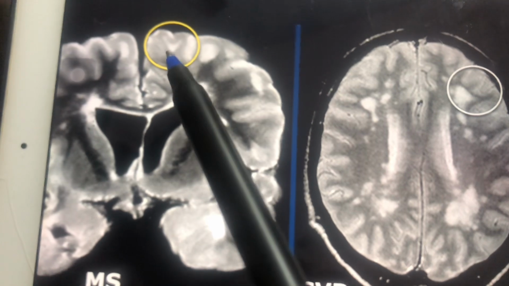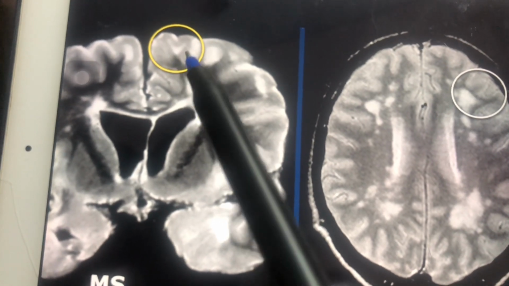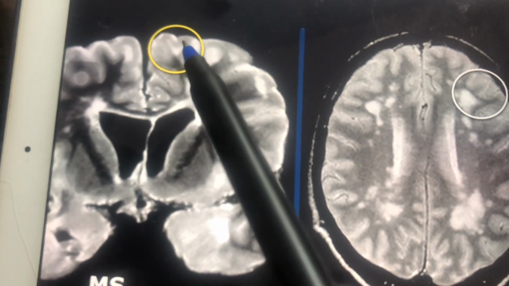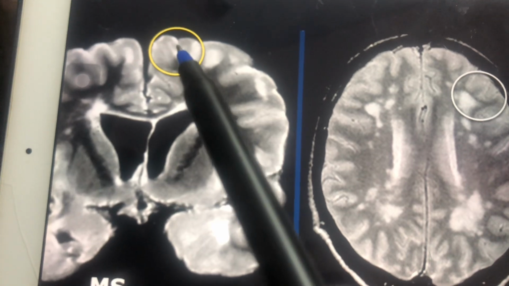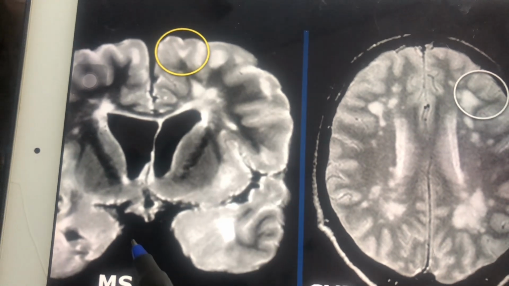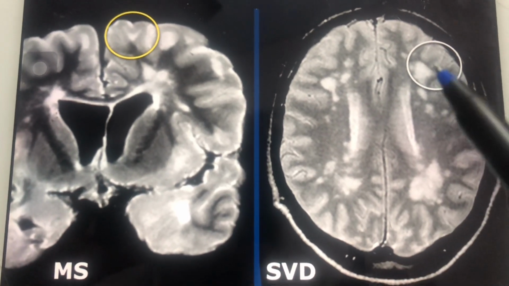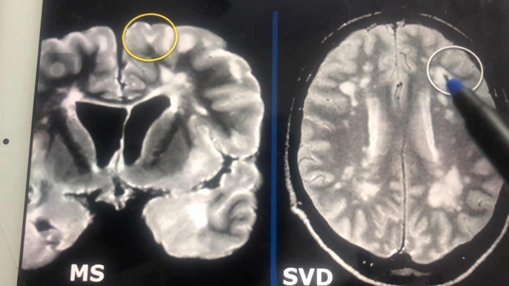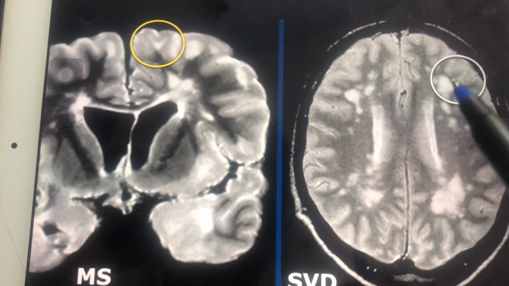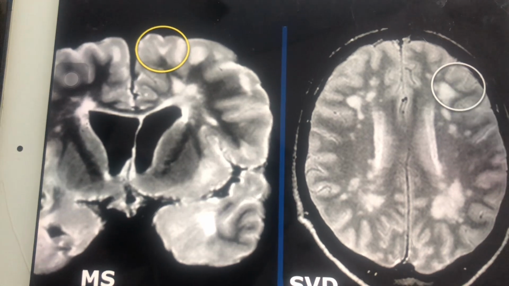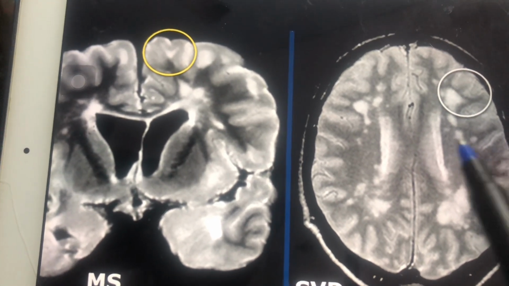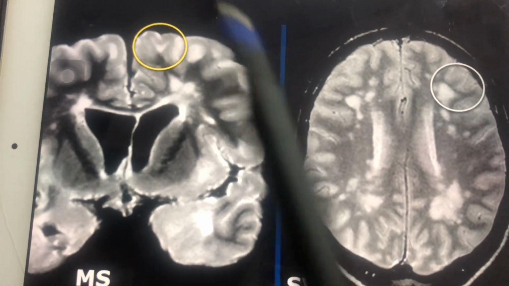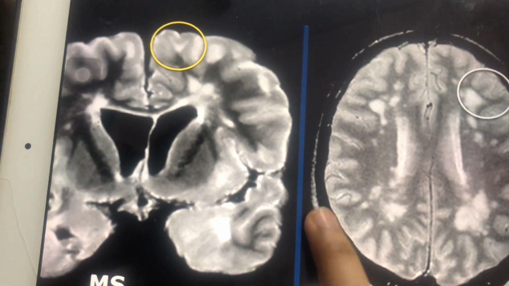This white area is involving subcortical U fibers. It is very well opposed to the cortex. That is classical of MS. Whereas in small vessel disease there is this dark band between the cortex and the white matter lesion. So in small vessel disease the subcortical U fibers are spared. So you have to look at this for differentiating between MS and small vessel disease.